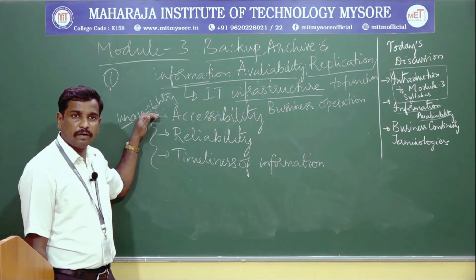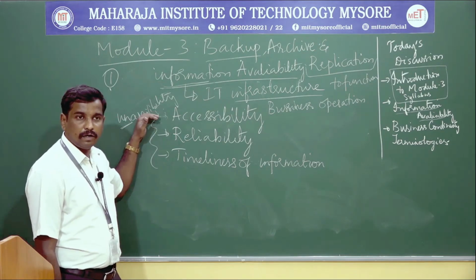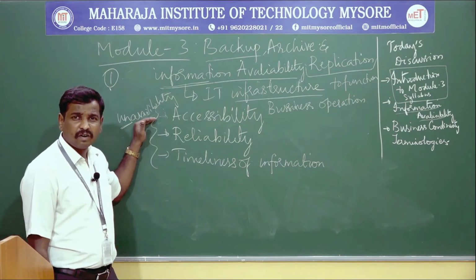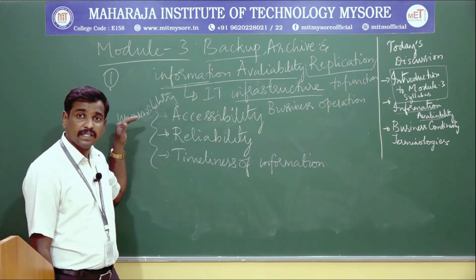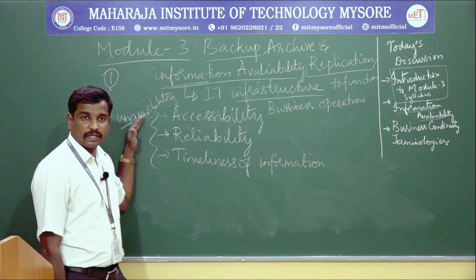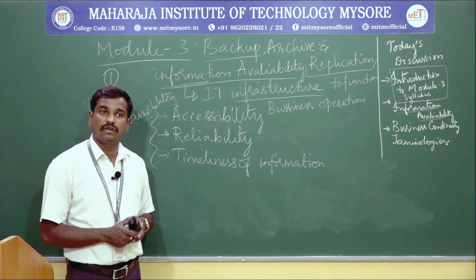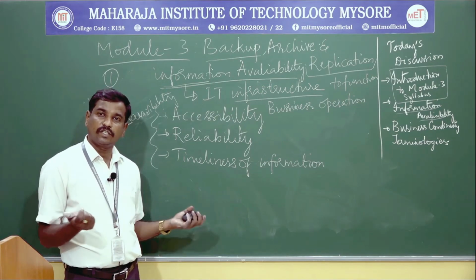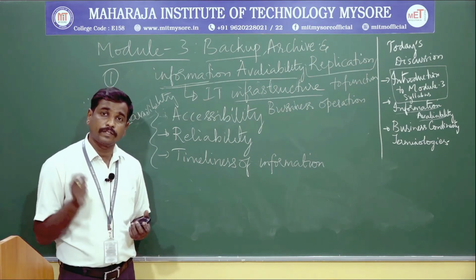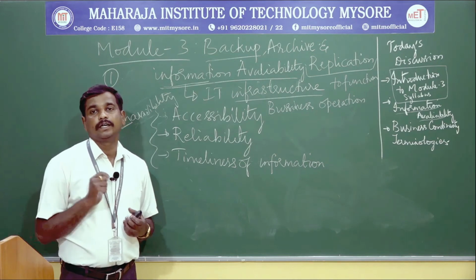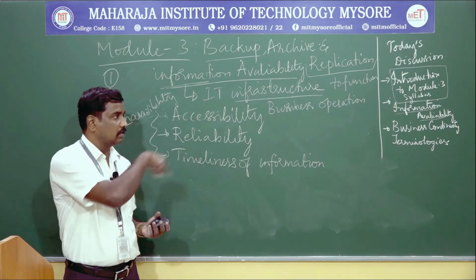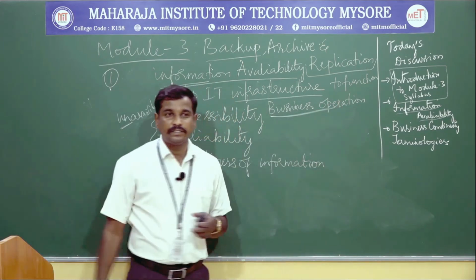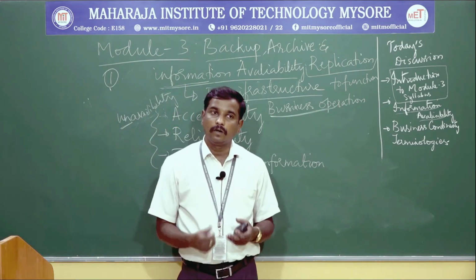So assume that the information we provide is not available. That means the data is at downtime. The information is not in the proper way. So what will it cause us? It will affect productivity. The main purpose of all this is the business operations, so the business operations will be lost.